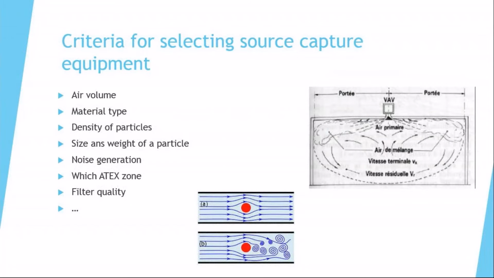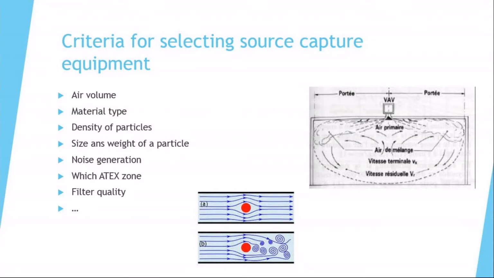Now we should see some criteria for selecting a source capture equipment. There are a lot of parameters to be taken into account when selecting your equipment. The first of them will be the volume of air that you are aspiring per minute.